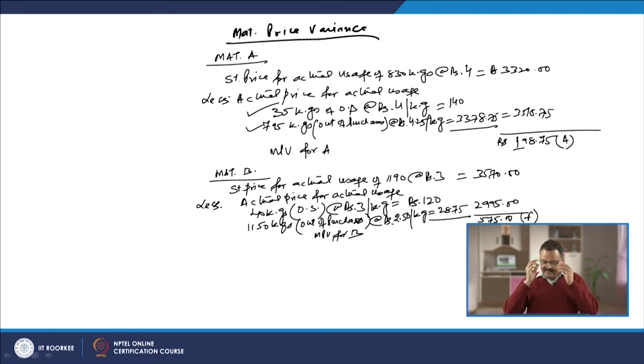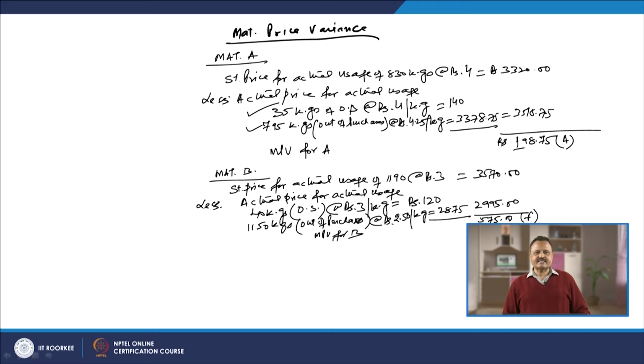So, got an idea? We had two inputs A and B. Because we got the favorable variance which was the material cost variance, meaning thereby that standard cost was more, actual cost has come down. So, the variance has become favorable by 286.